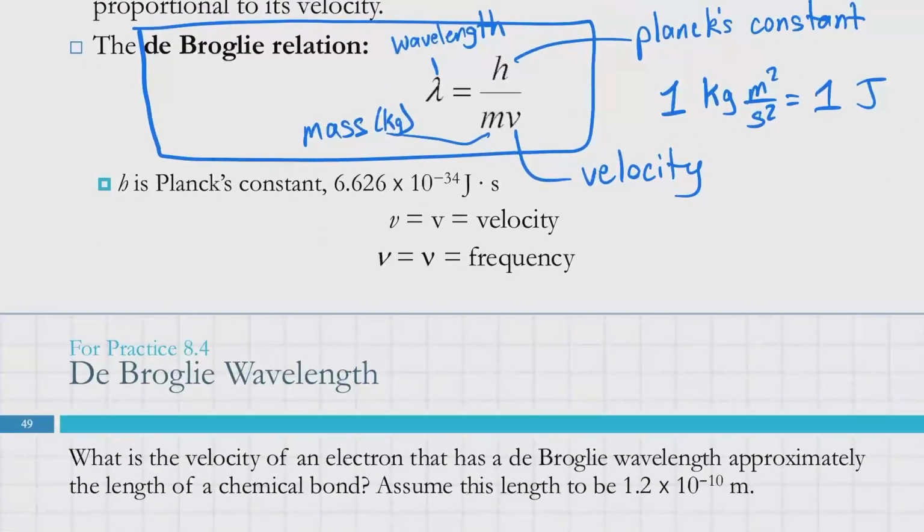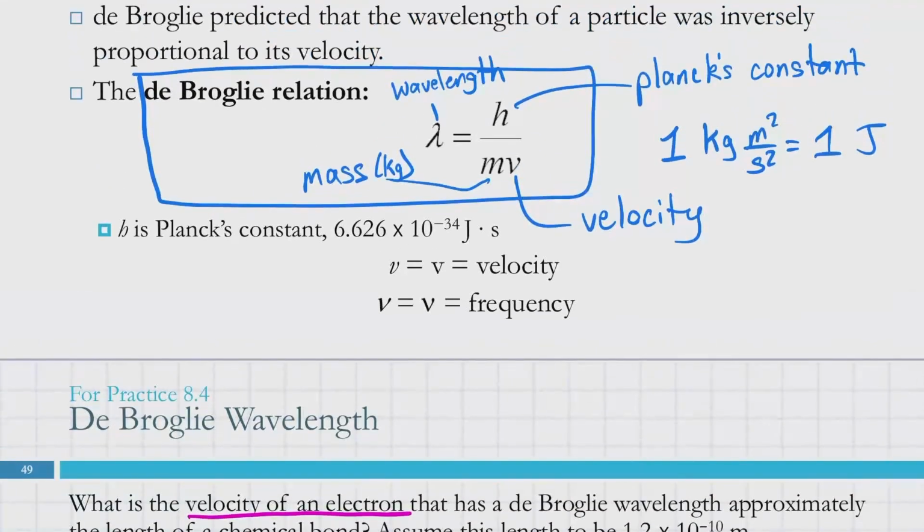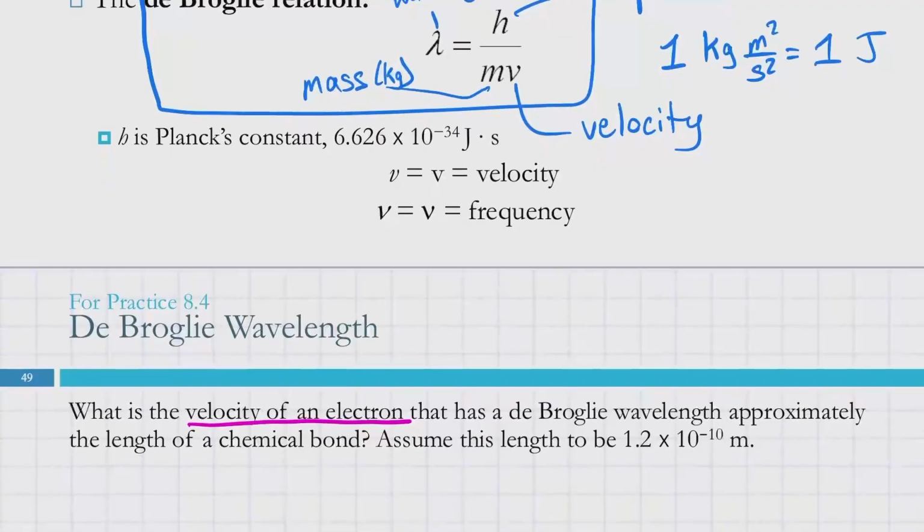All right, let's use this relationship. We want to find the velocity of an electron. It has a de Broglie wavelength, lambda, of approximately the length of a chemical bond.